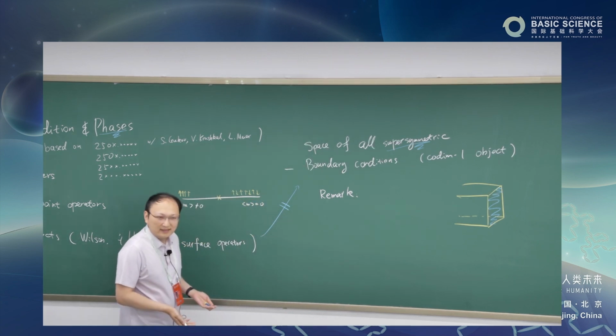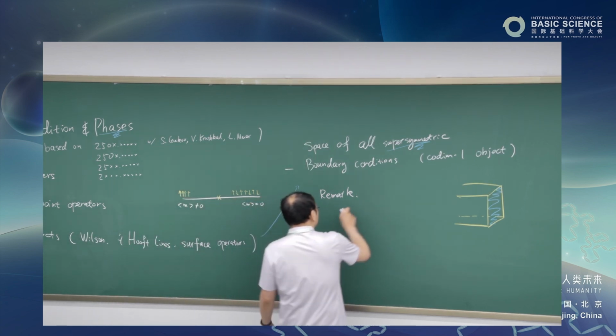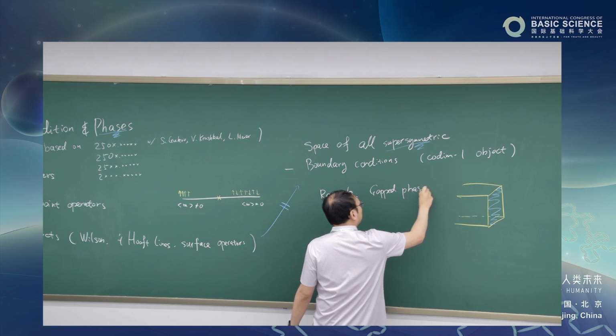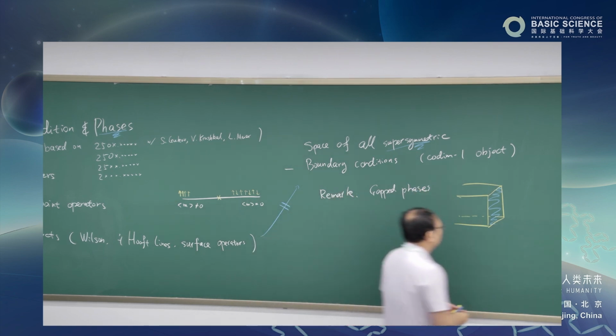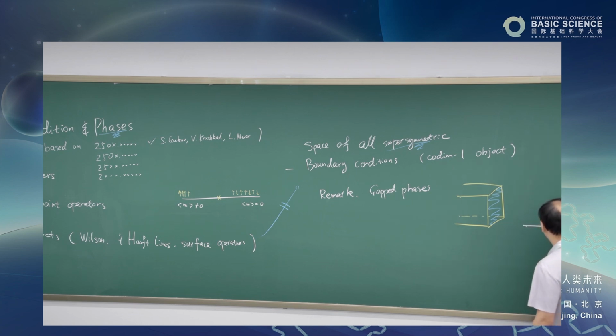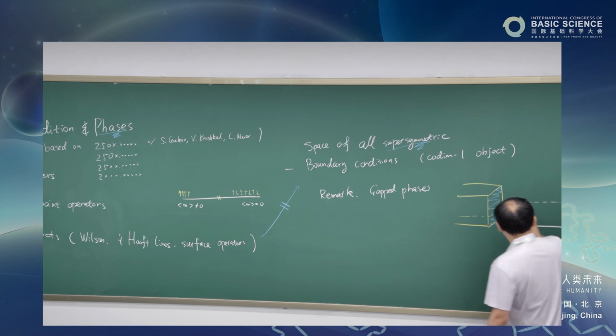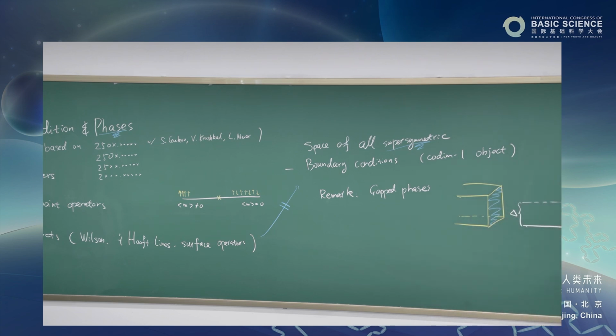What's the justification for this? So one remark is that if we are interested in gapped phases, gapped phases means that if I look at the energy spectrum, there's a ground state, let's say at energy equal to 0. And then for the excited states, there's going to be a gap, literally, in the spectrum. So it costs energy to excite it. And this is a gap in the bulk.